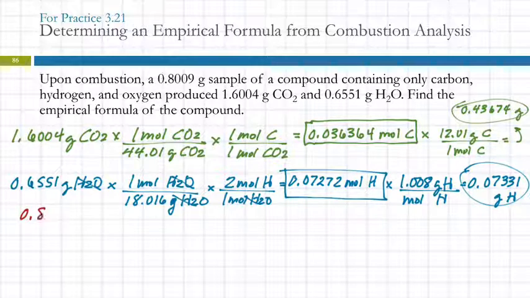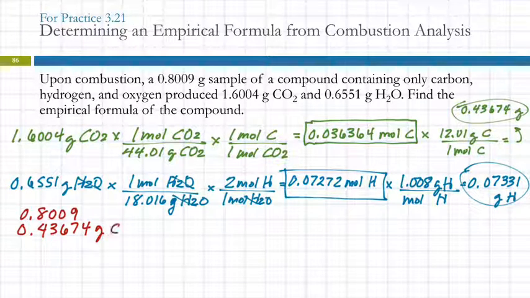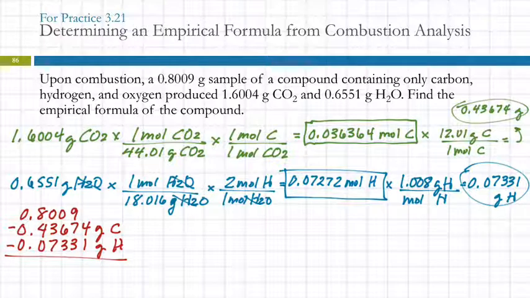So I've got the total mass, and then I'm going to subtract the mass of carbon, and I'm going to subtract the mass of hydrogen. Now do that on your calculator. Don't try to do that by hand. That's going to be ugly.